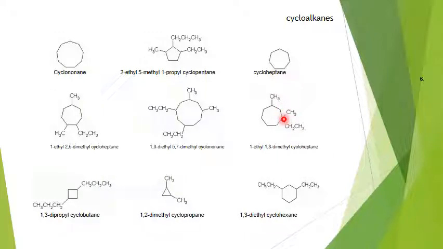Going the other way clockwise gives me 1, 1, 5. So I'm going to go counterclockwise. So this one is 1-ethyl, 1,3-dimethylcycloheptane.